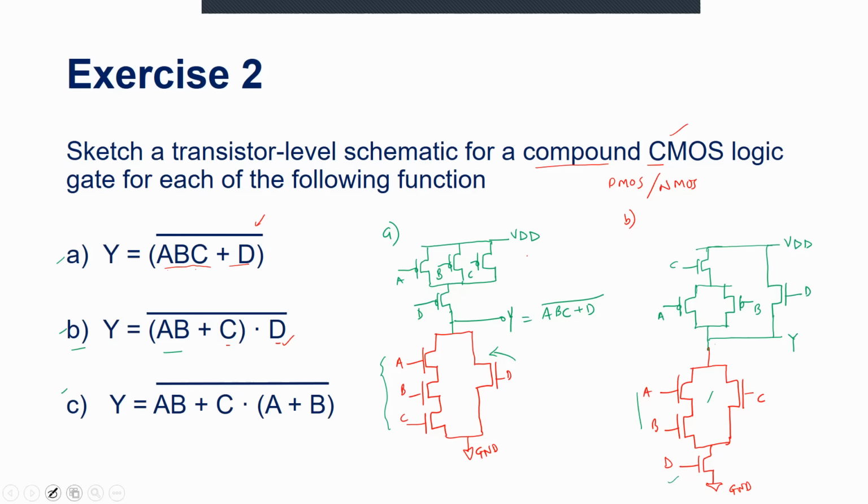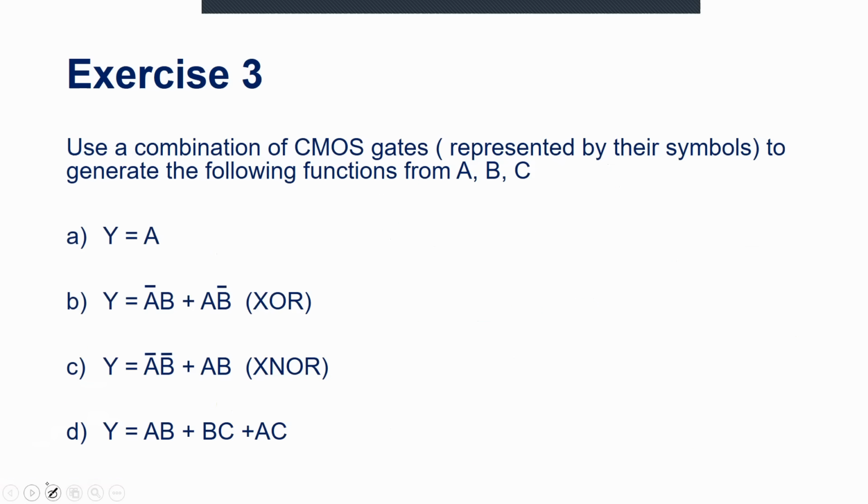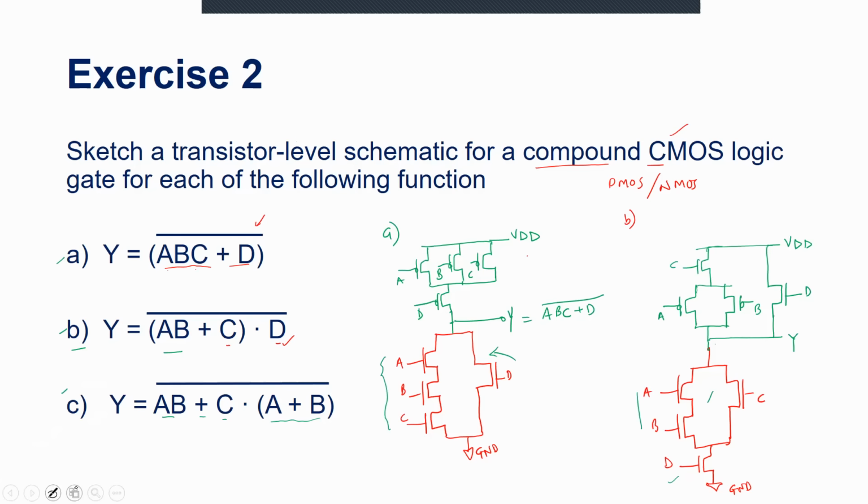Now we have the third part, that is A, B or C, and it is ANDed with another function, A or B. So we keep on building this. Let's see how to realize this one. Let's first write this function and see how it will look.